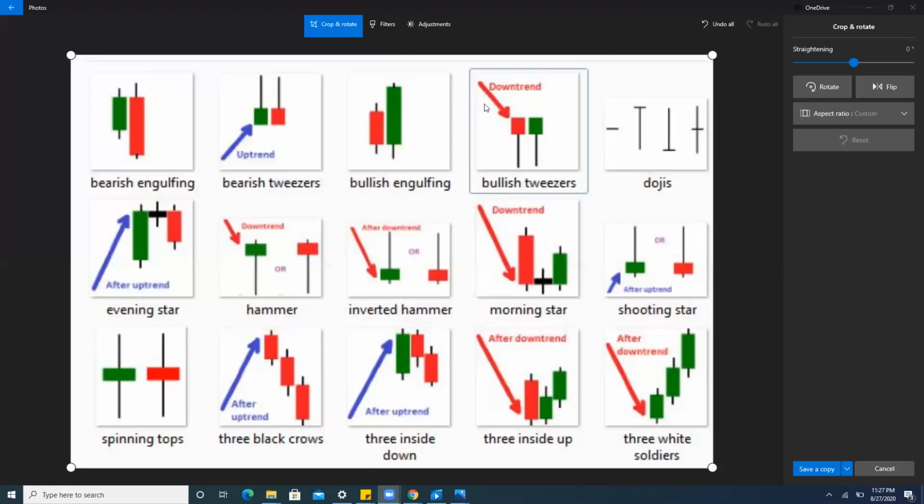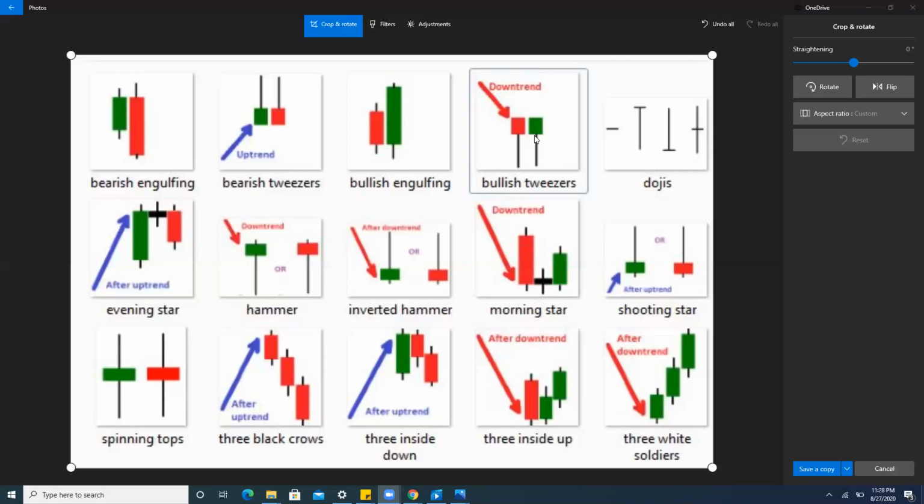Bullish tweezers are the same thing. There's a downtrend. The market opens here on this candle, goes down, but then there's pressure making it go up to close there. Then when the next candle opens here, there's another attempt to sell, but the sell is immediately rejected.